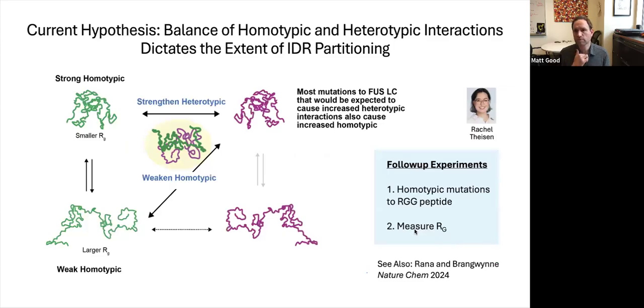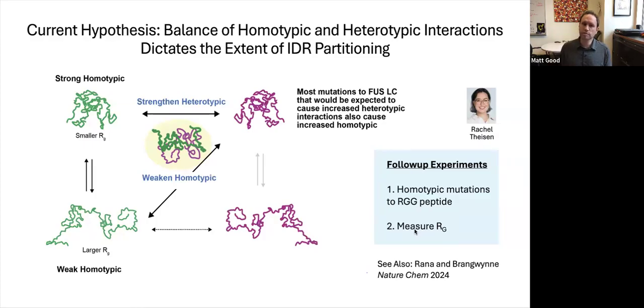And actually, one of the takeaways from the story, which was particularly beguiling for a number of years, is that it's really a balance of homotypic and heterotypic interactions that controls this selectivity. All right, so I'll try to explain this. Homotypic is one polymer, like in green, interacting with itself. And heterotypic would be green interacting with magenta.